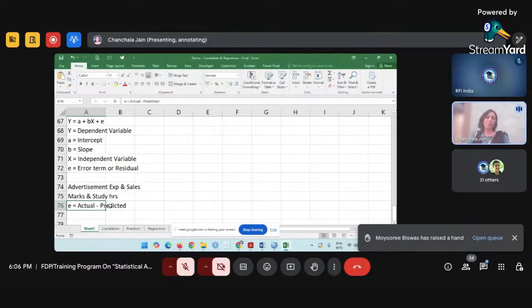Now what will be the actual sales? You need to see the difference. That is known as the error. Is it clear? Yes, ma'am. So that unexplained variance can be caused by some external factors. Fine. I hope this concept is clear to everyone.